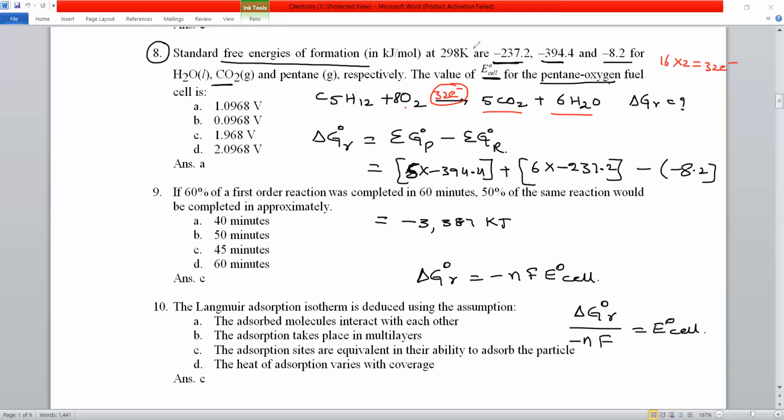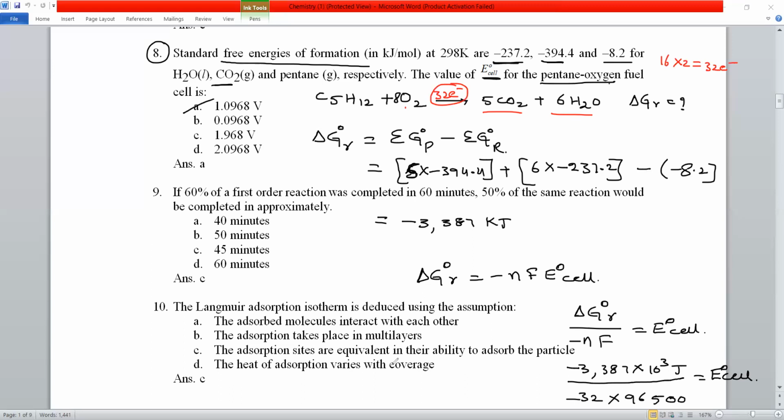So substitute here. The energy value is 3,387 kilojoules, which I'm converting into joules, divided by the n value of 32 electrons, minus 32 into Faraday, which is 96500. On simplification, students, do this simplification and the answer will be A. We will get 1.096.